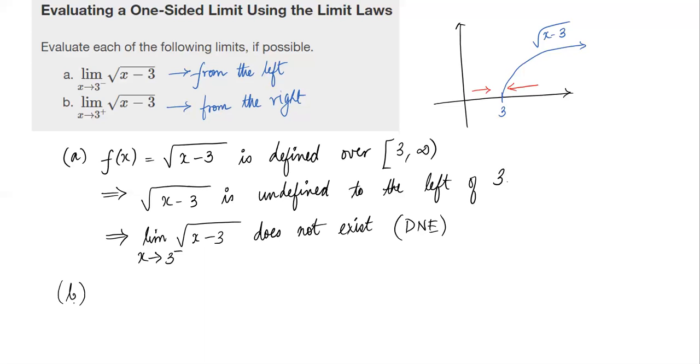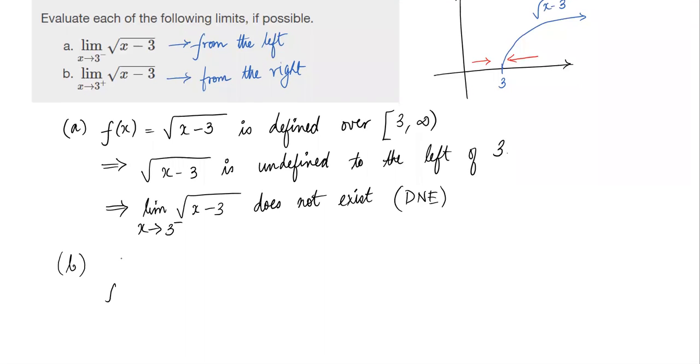For part B, we did establish that it is defined to the right of 3. So let me write that information here. It is defined to the right of 3.